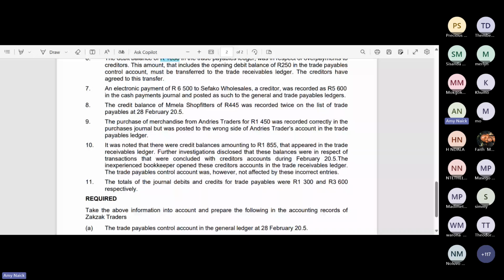So you're going to add it to your listing with the 1,450. When you add it to the listing, you are removing the incorrect debit of 1,450. But you also need to record the actual purchase of merchandise. So you're going to record another 1,450. So there are going to be 2 1,450s.